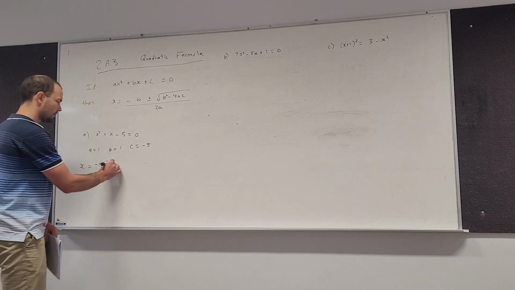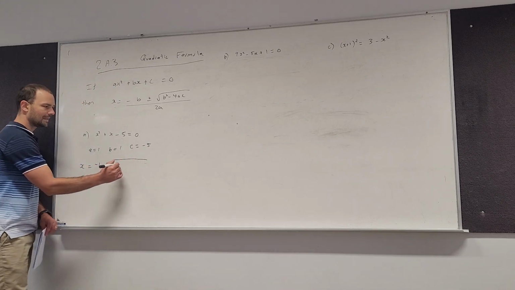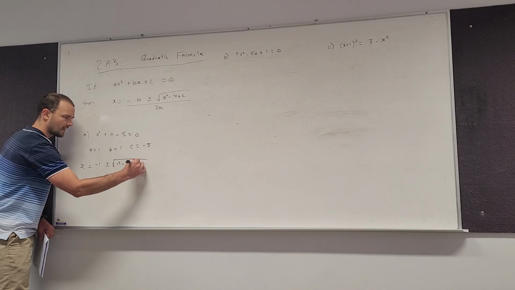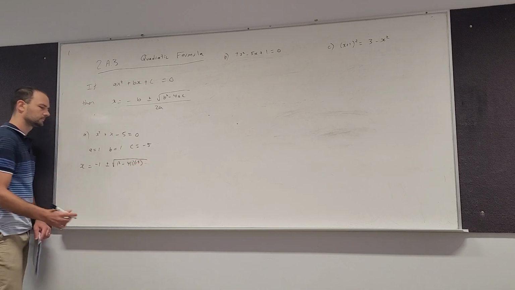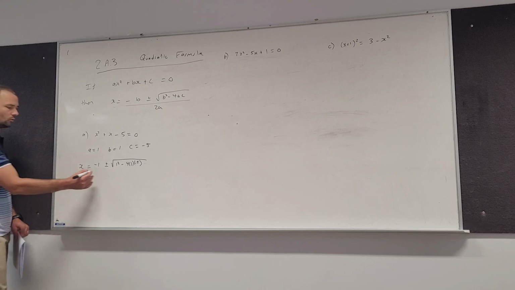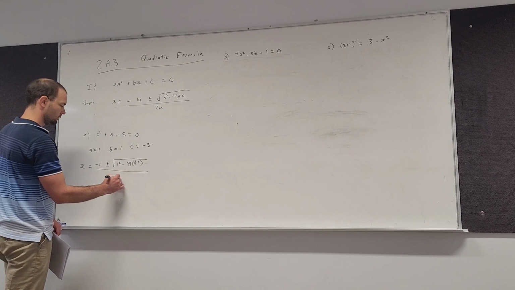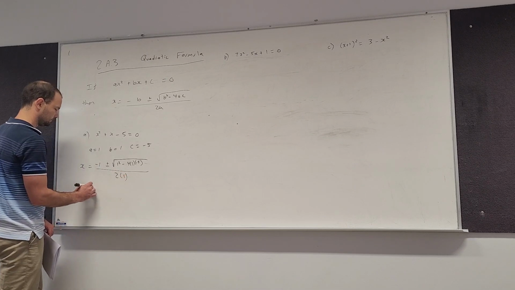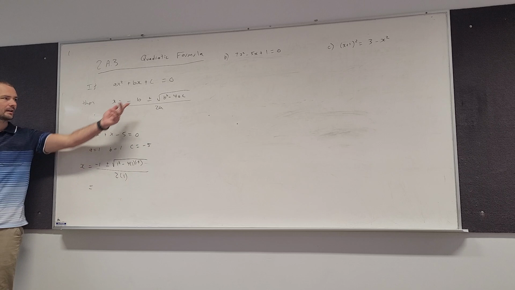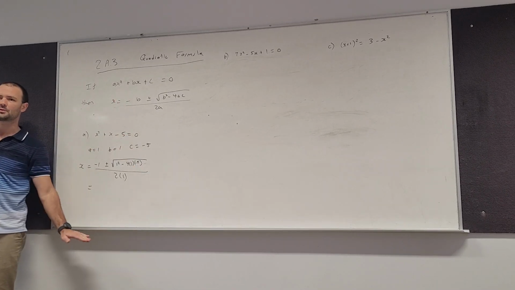And then it's the square root of b squared take 4 times a times c, all on top of 2 times the value of a. So you don't even have to think, right? You just take the numbers, plug them in, and keep processing that.